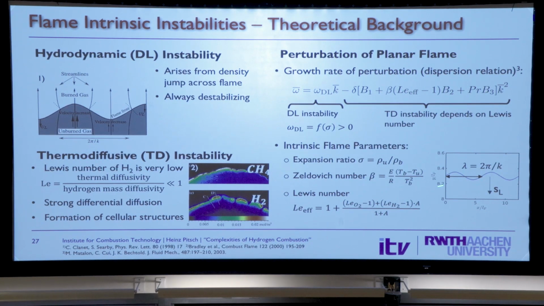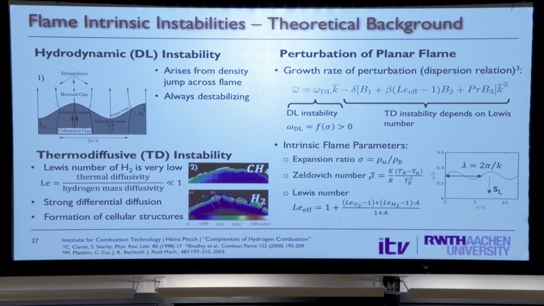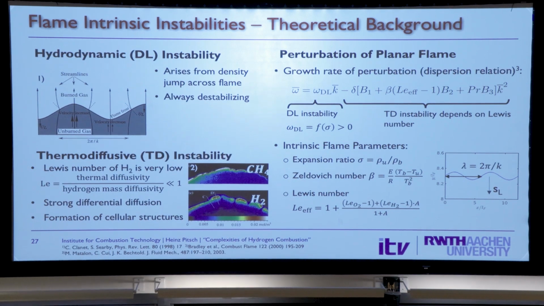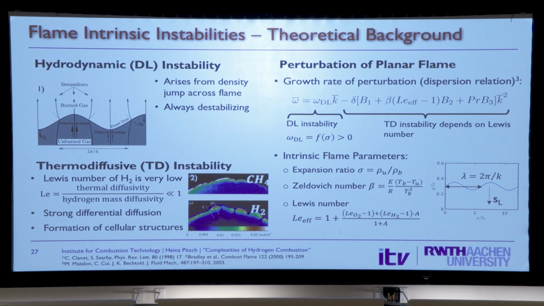And then the third is the Zeldovich number. And the Zeldovich number, in a way, is a non-dimensional activation energy. So these 3 are the important parameters, and nothing else, by the way. That's it. Okay. Now, this is all based on a one-step global reaction.